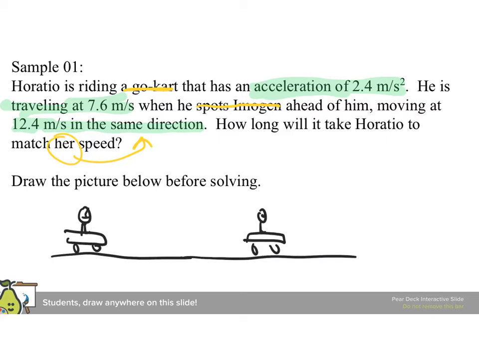And what do we know? Well, we know that at the start he's moving at 7.6 meters per second. And at the end, since he's traveling in the same direction as she and at the same speed, he ends with a velocity of 12.4 meters per second.